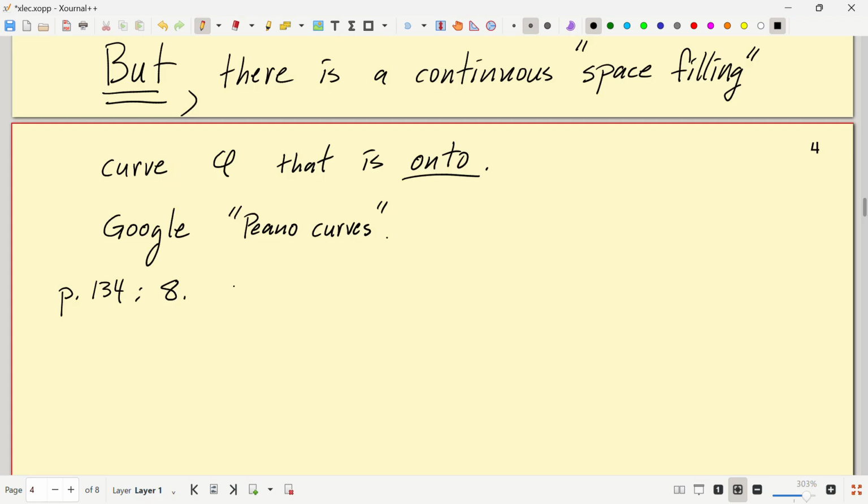So no, F from [0,1] to R. I've got two functions, F and G, on the closed interval [0,1] to R. And F of r is equal to G of r for all the rational points.